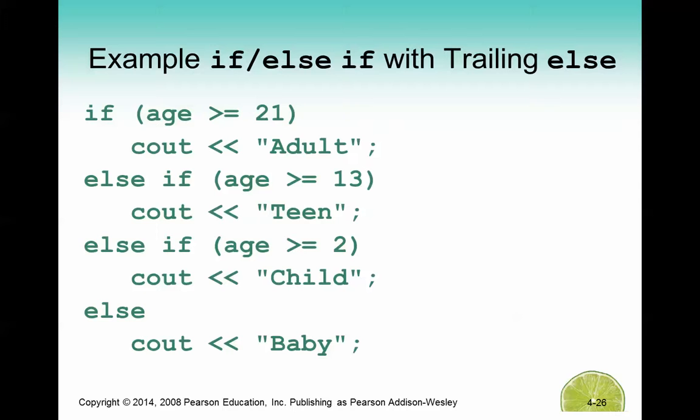If the age is 10, what are we going to be sending to the output? Child. So we don't send adult, teen, and child at the same time, or teen and child, or teen and baby. We only send one action because there's only one message here.